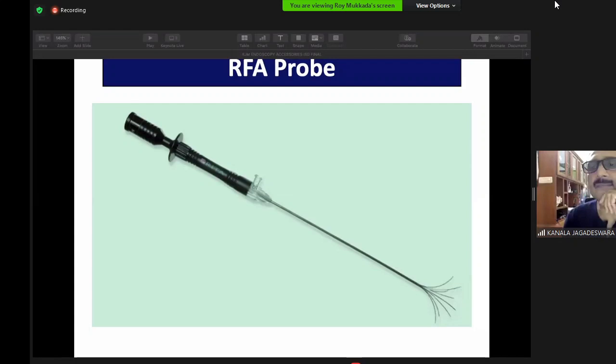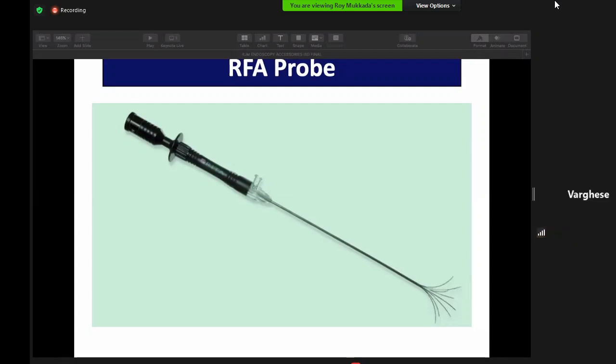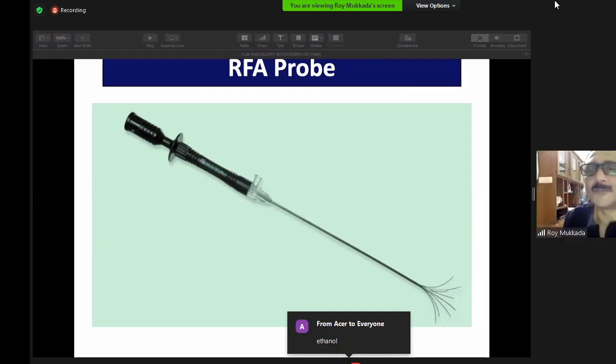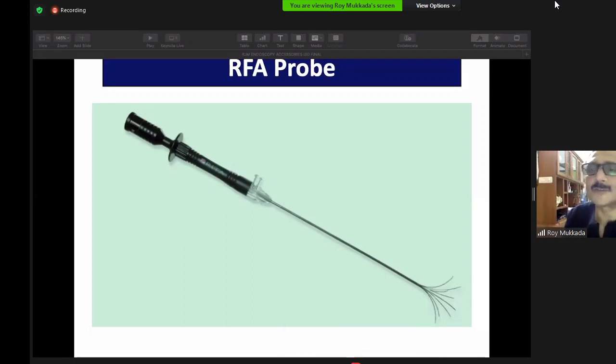These are curative procedures. Anything which was practiced in India, cheaper methods? Prior to the advent of all these things, something else was injected. Alcohol. Yes, percutaneous ethanol injection. What is the problem with percutaneous ethanol injection? After ethanol, you also used acetic acid.